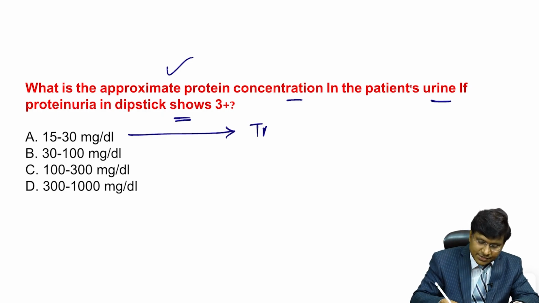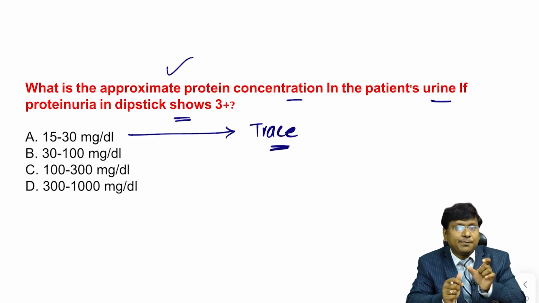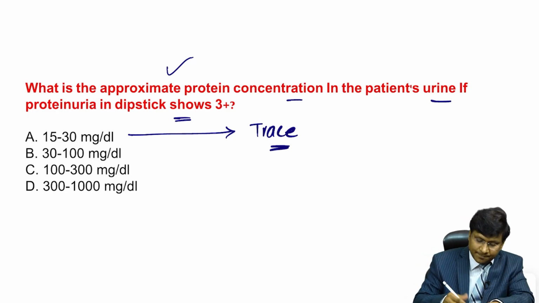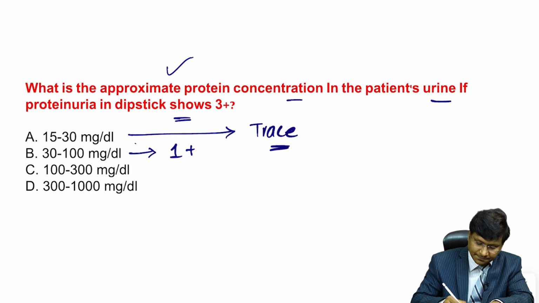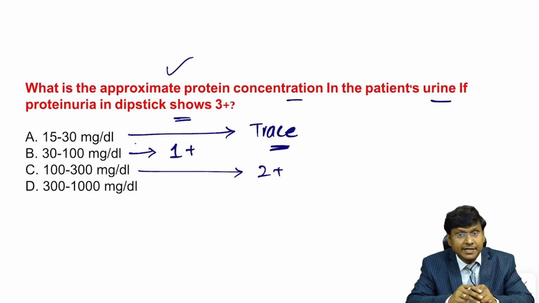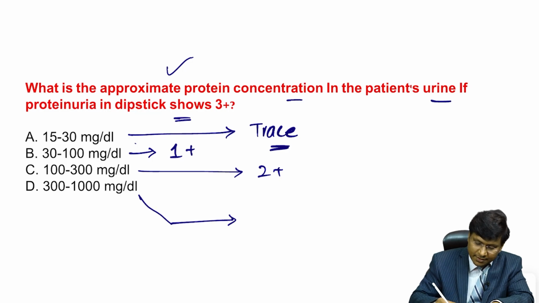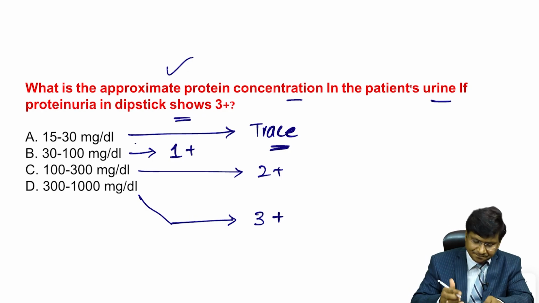We use the term trace when the urinary protein is around 15 to 30 milligrams per deciliter, and we use the term 1+ when the urinary protein is around 30 to 100 milligrams per deciliter, and we use the term 2+ when the urinary protein is around 100 to 300 milligrams per deciliter, and we use the term 3+ when the urinary protein is 300 to 1000 milligrams per deciliter.